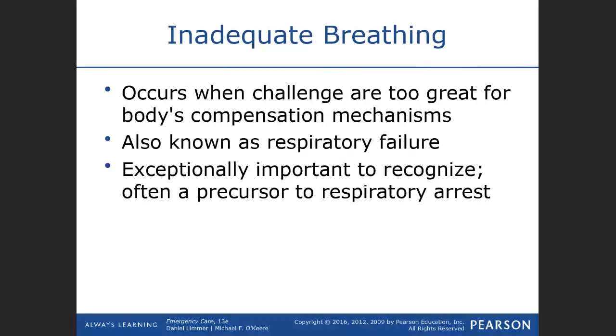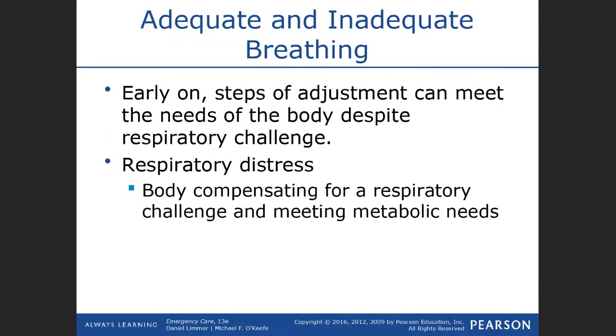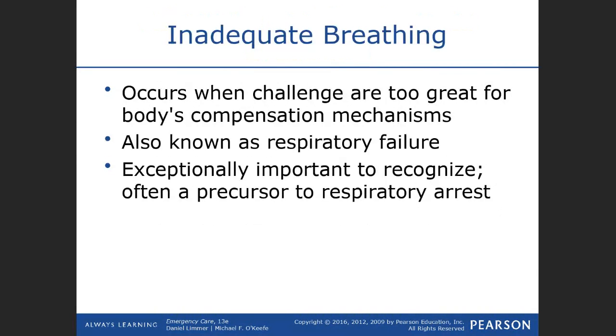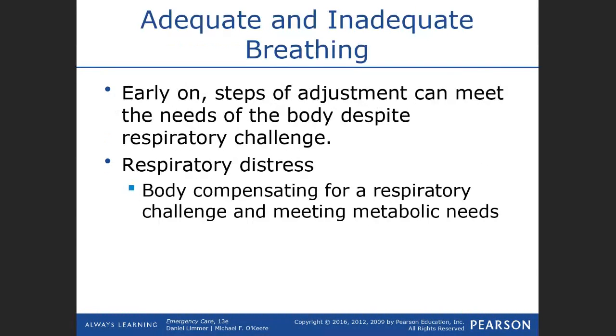However, your patient moves from respiratory distress to respiratory failure and then respiratory arrest, right? And this is where it gets tricky, especially with respiratory distress. Respiratory distress is the trickiest one because your patient moves from mild to moderate to severe.